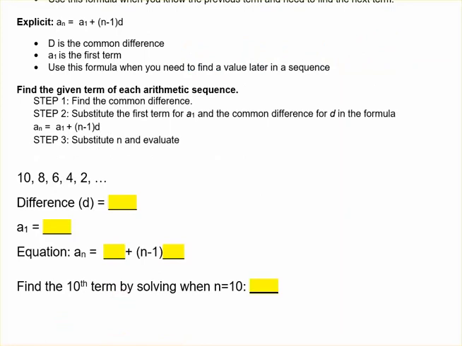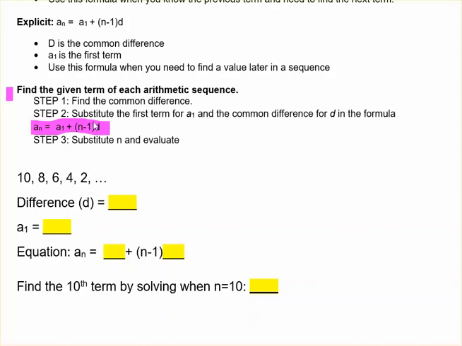If we want to find a particular term of an arithmetic sequence, the first thing we need to do is find the common difference. We're going to subtract. Then we're going to substitute the first term in as a sub 1 and d for the difference in this equation: a sub n equals a sub 1 plus n minus 1 times d.